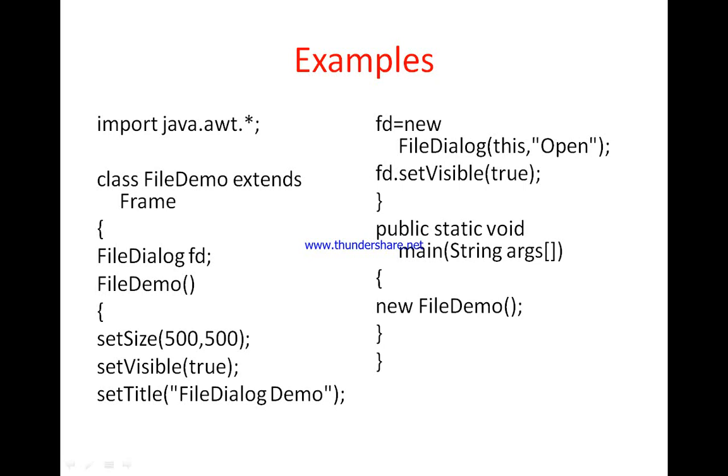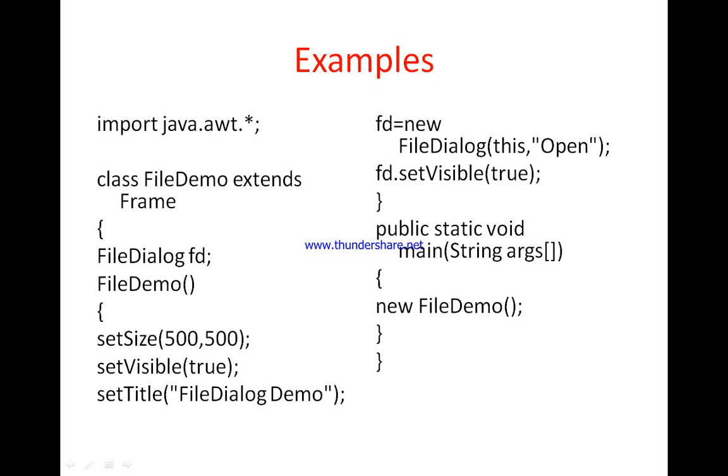Now here fd is equal to new FileDialog, this comma, inside double quotes "Open". Here we have used the second constructor. The first parameter is the object of the parent window, that is the frame. We are writing this statement inside the same constructor, so we are fetching the same object, and so we have written the keyword this. The this keyword is used for accessing the object of the same class.